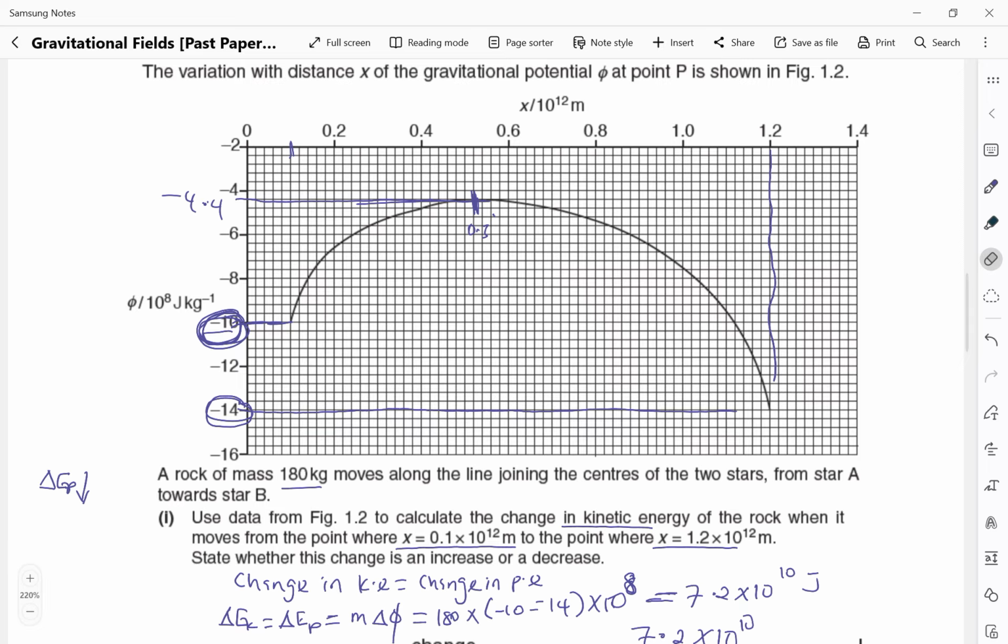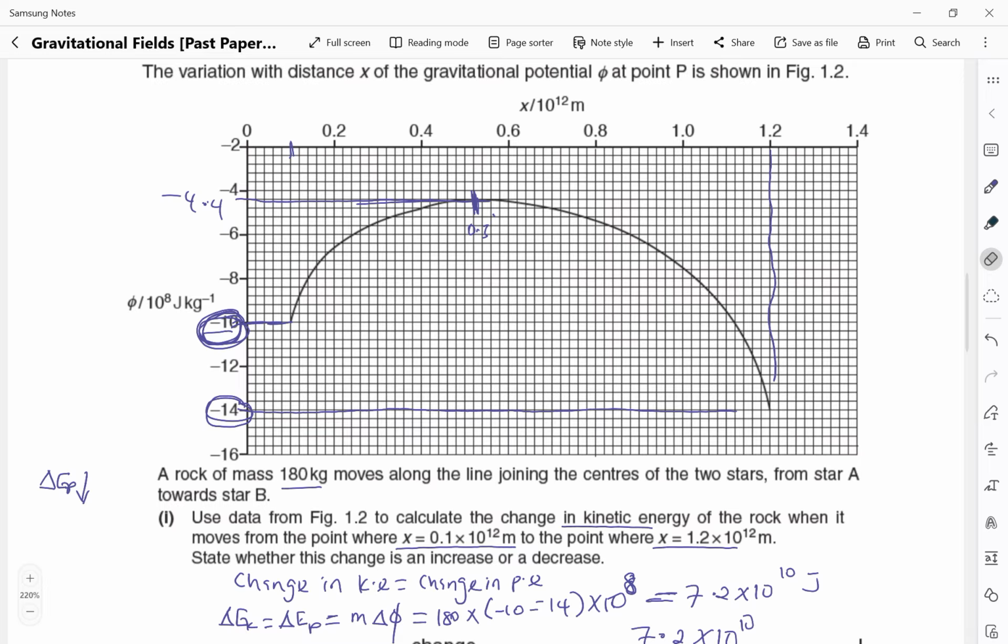So the kinetic energy starts increasing again until the rock reaches 1.2 times 10 to the power of 12 meters. So the minimum speed is attained at about x equals 0.5 times 10 to the power of 12 meters.